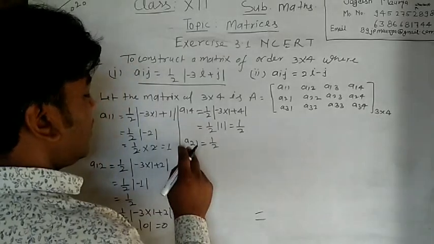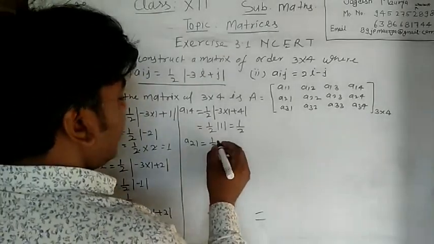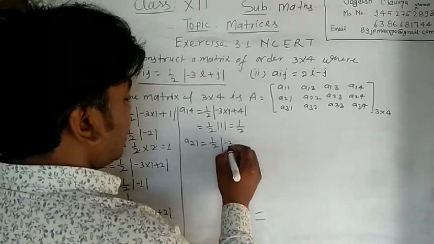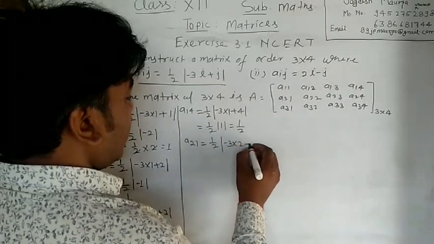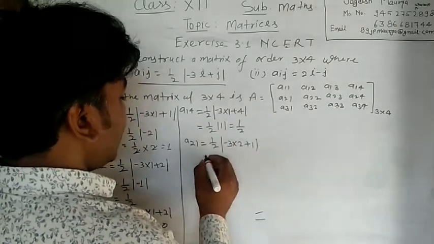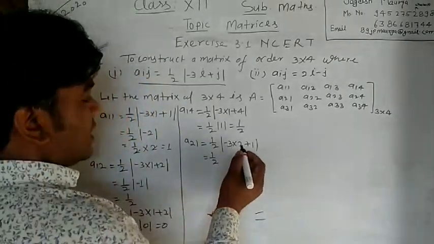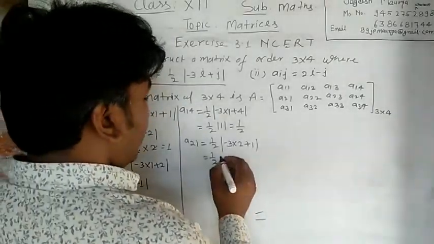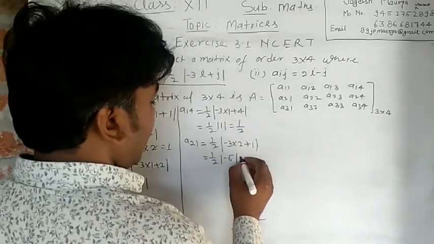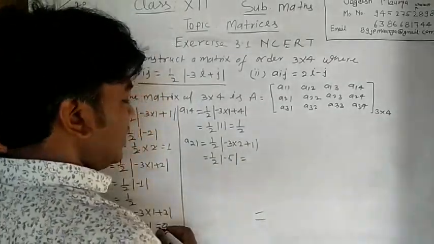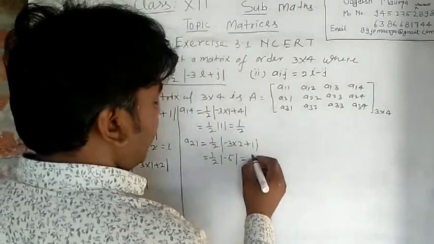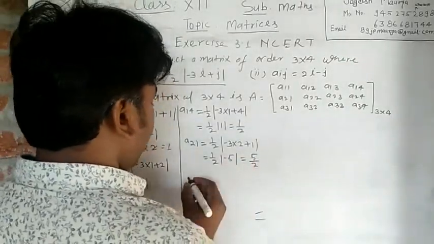Now i equal to 2 and j equal to 1. So mod of minus 3 into 2 plus 1, this will come 1 by 2 mod of minus 6 plus 1, mod minus 5. Mod minus 5 means 5. Here this will come 5 by 2.